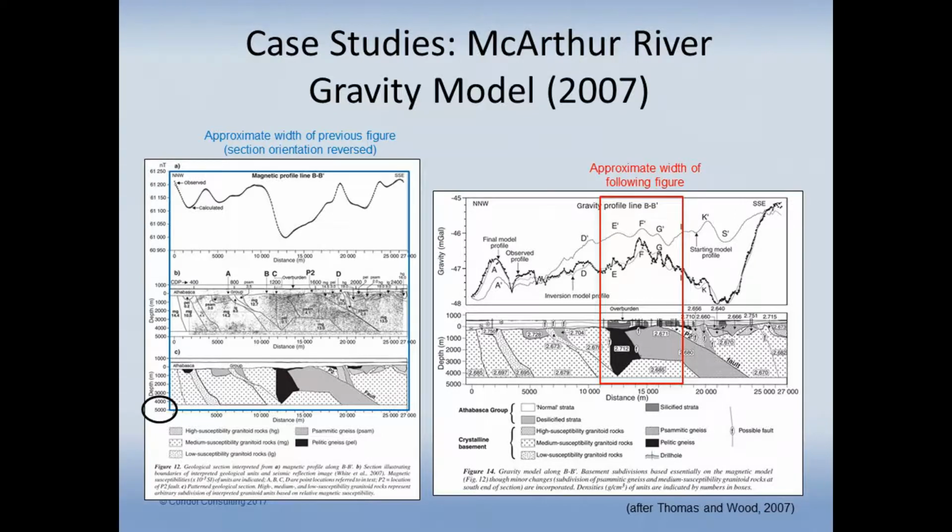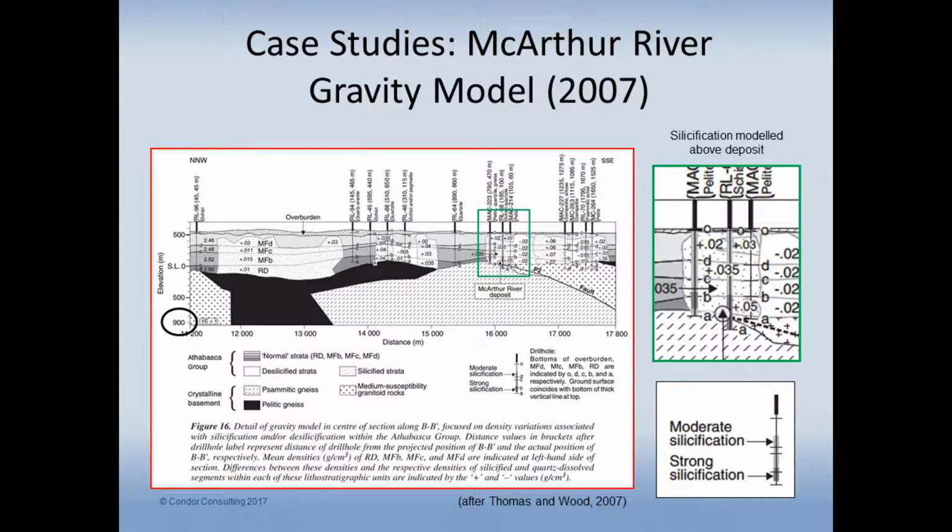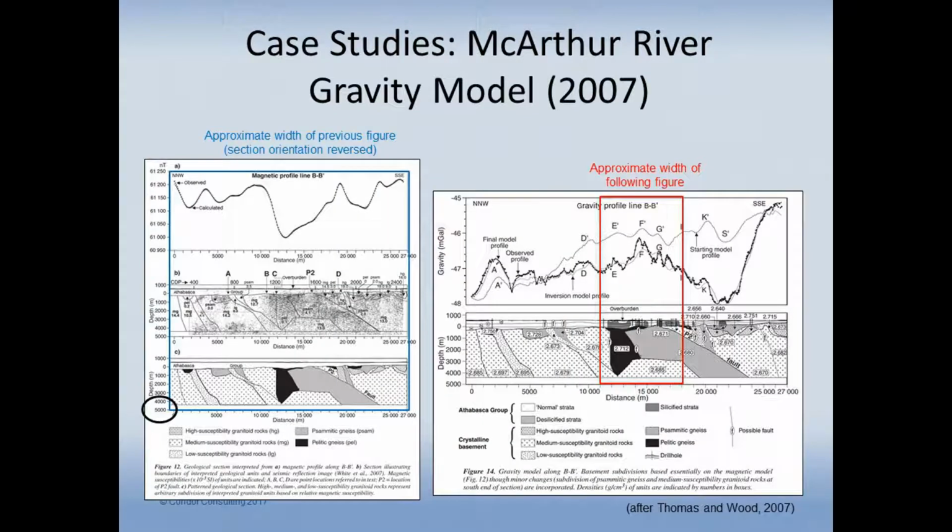Go on to the next slide here, zoomed in over the area of the deposit. You can see the profile represented here. And we've got much, much better constraints now to explain these fairly small highs and lows.